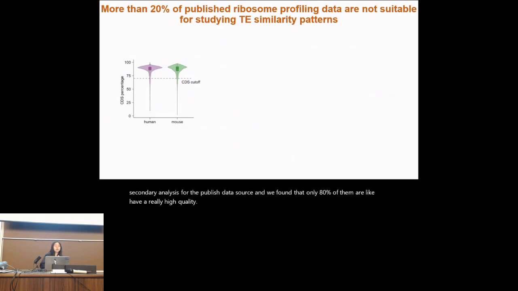One thing is the CDS percentage. Since ribosome profiling is trying to measure which mRNA is under translation, we think that most of the reads should come from the CDS region if they are under translation. But as you can see, there are still a lot of samples with really low CDS coverage, meaning they have really low quality in the sequencing.